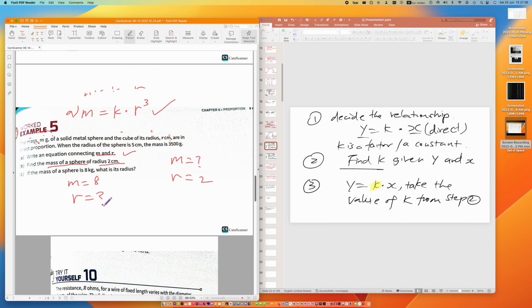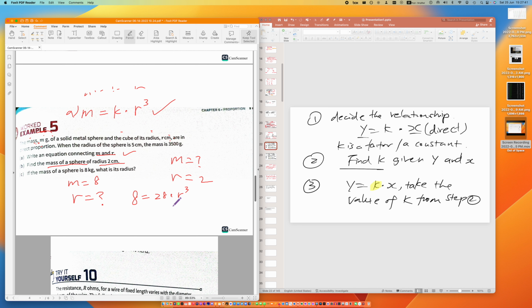You need to find the radius. Do you know how to do this? So you should end up with, hold on, look. You should end up with 8 equal to 28 times R cubed. How do you continue?